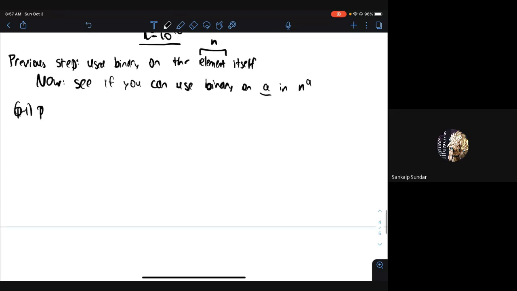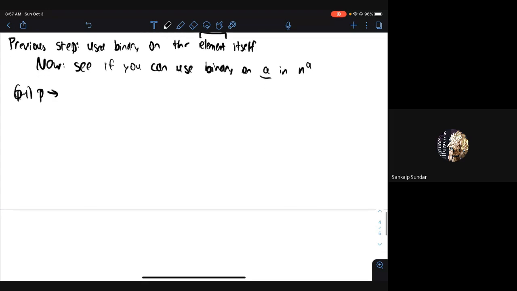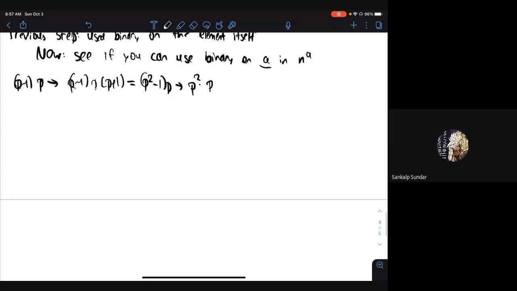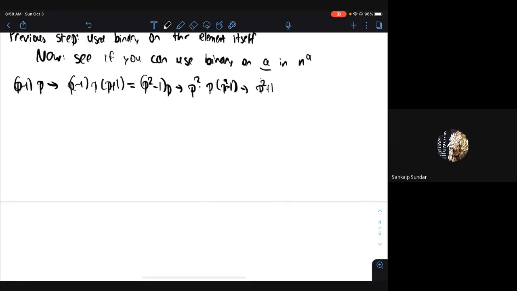So if we have p minus 1 times p, then the first thing to note is that we also have p minus 1 times p plus 1. So this means that we can multiply by p squared, actually. Then if we have p squared, again we can repeat the argument, and we have p squared plus 1 times p squared minus 1 times p squared times p.